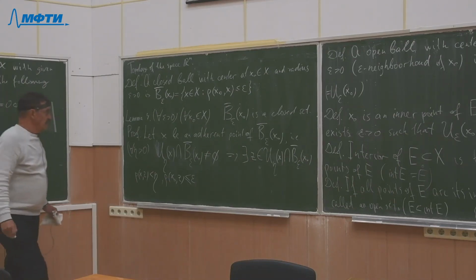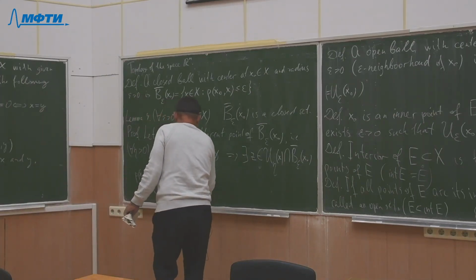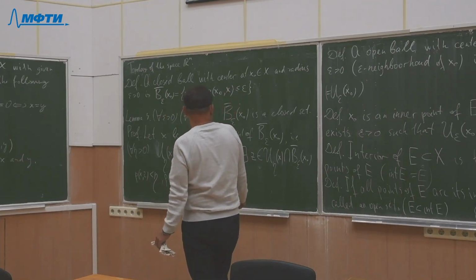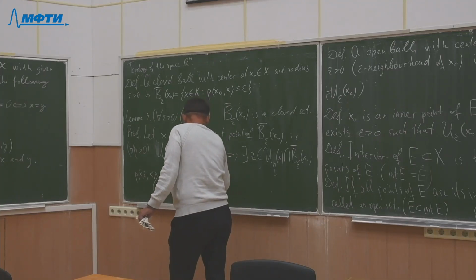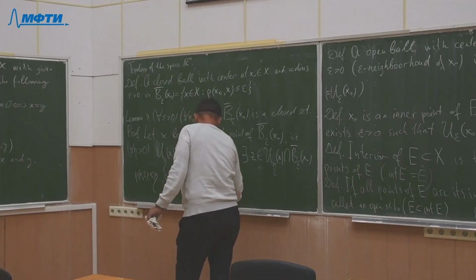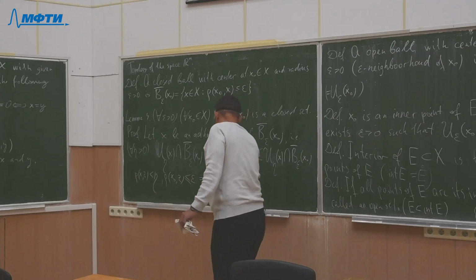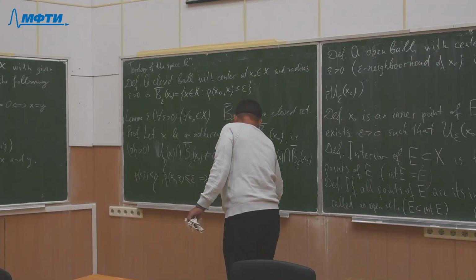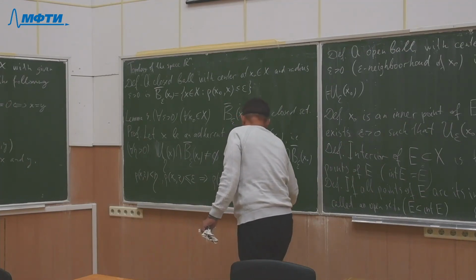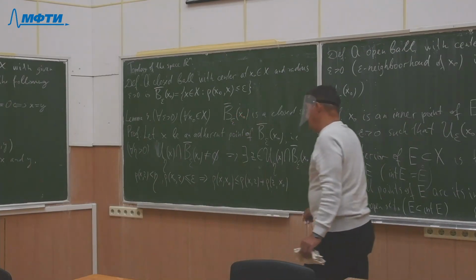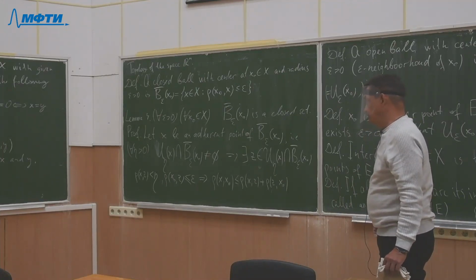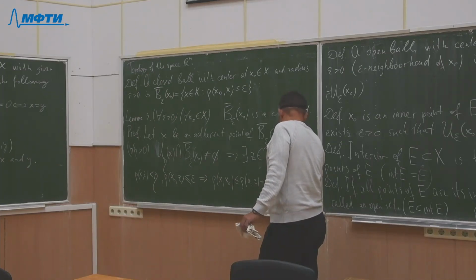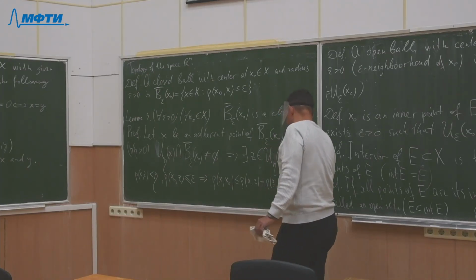So then from the triangle inequality we have the distance from x to x naught is less or equal than the distance from x to z plus rho of z to x naught, and that is strictly less than epsilon plus eta, right?